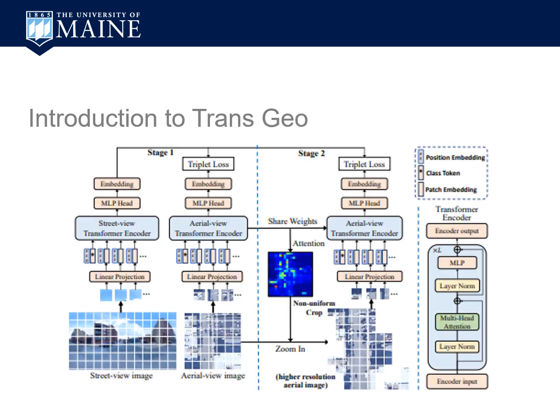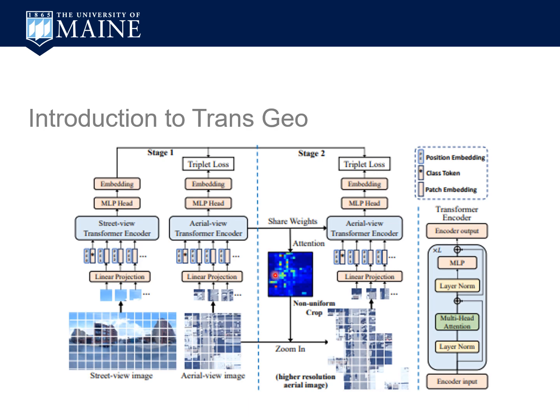The TransGeo model works in such a way that, given a street view image and an aerial view image, the transformer model matches these two images to create attention-based layers.